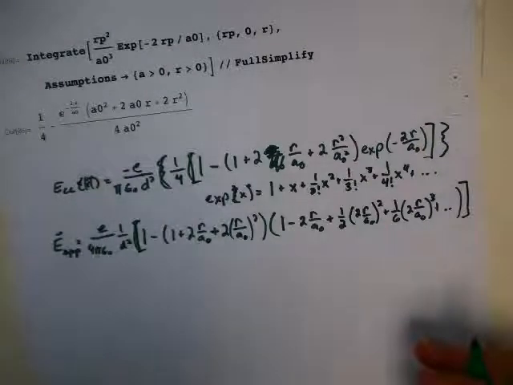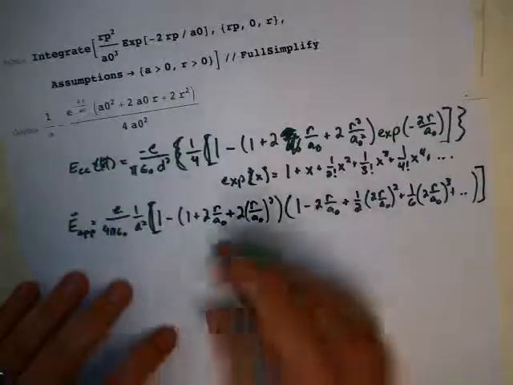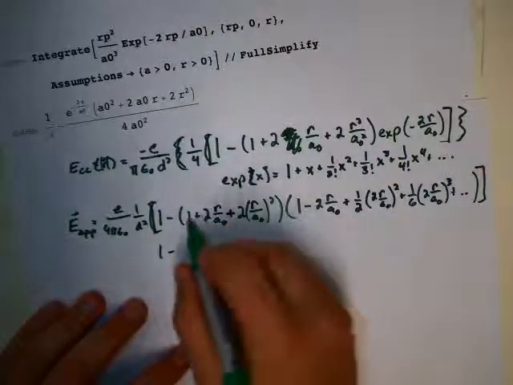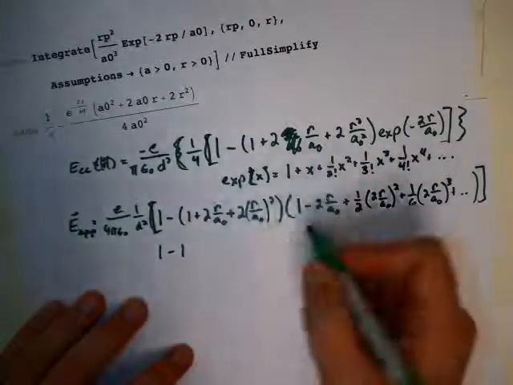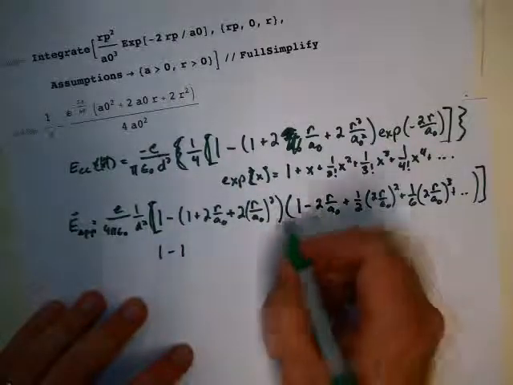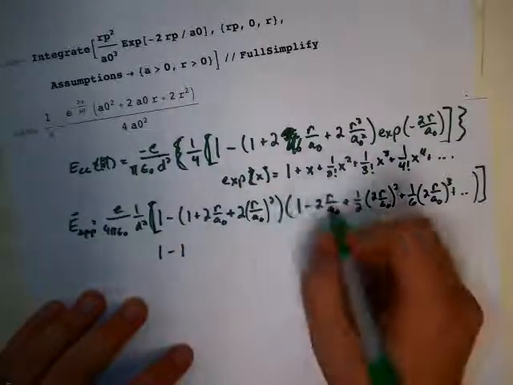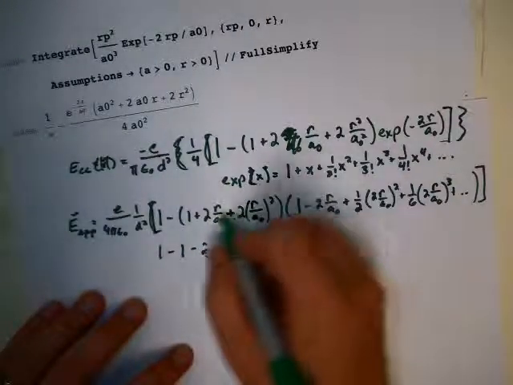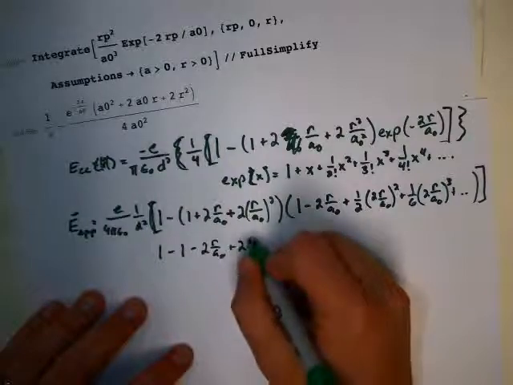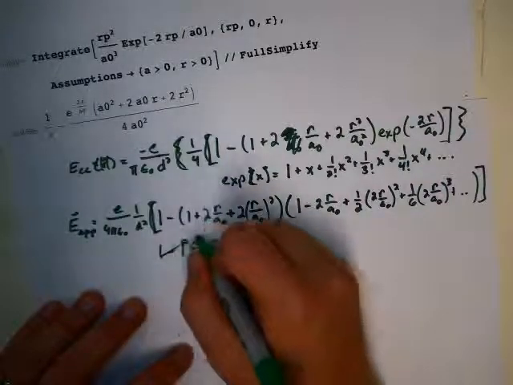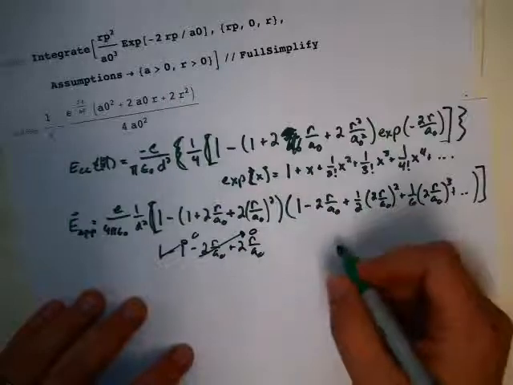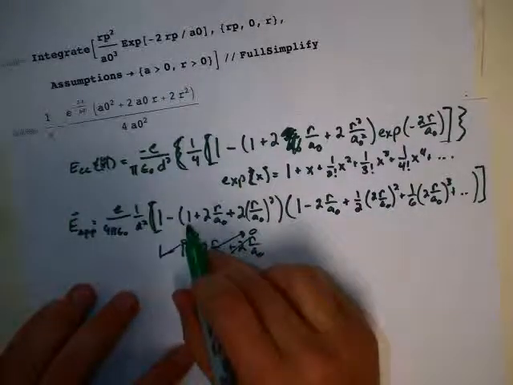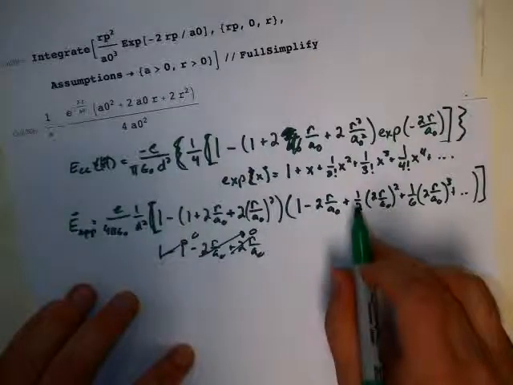And so now we just have to multiply everything out. This is just like a big FOIL here. 1 times 1 is 1. Okay? And then 1 times that one is minus 2r over a naught. This one times that one is plus 2r over a naught. So obviously those cancel. And then next will be 1 times that one.